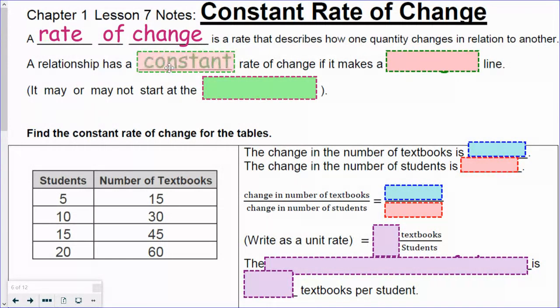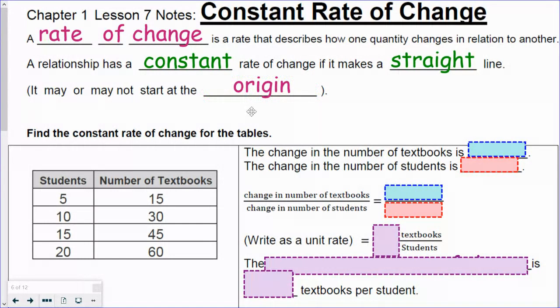Okay, so a relationship has a constant rate of change if it makes a straight line. And constant means it's the same change that is happening every time. This time it may or may not start at the origin. Okay? Because if it is a straight line, it has a constant rate of change.